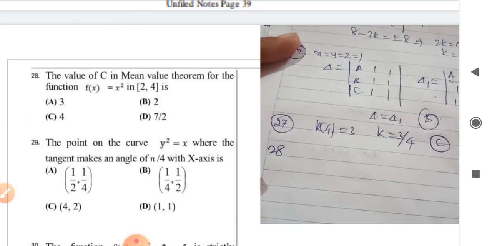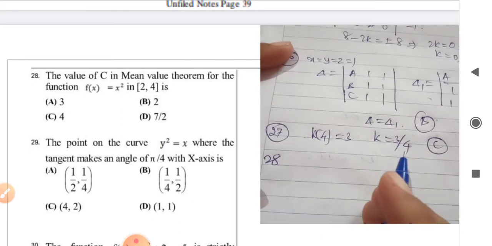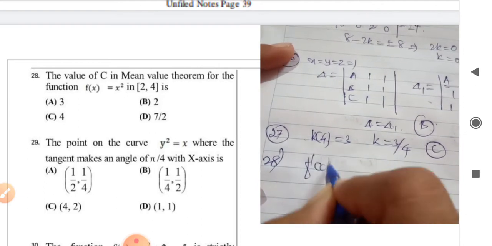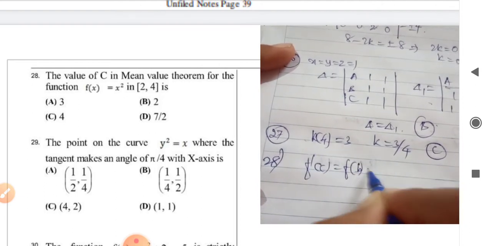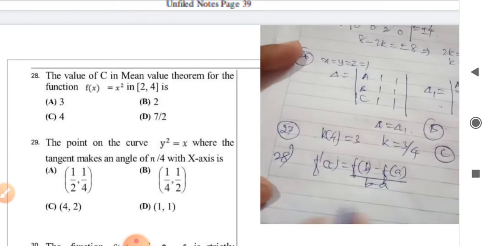The 28th problem is the value of c in the mean value theorem for the function f of x equal to x square. You know very well f dash of c equal to f of b minus f of a, divided by b minus a. Because here f of a and f of b values are different.